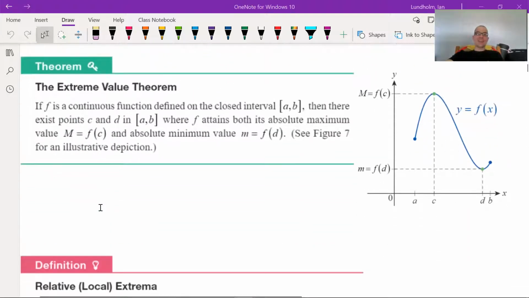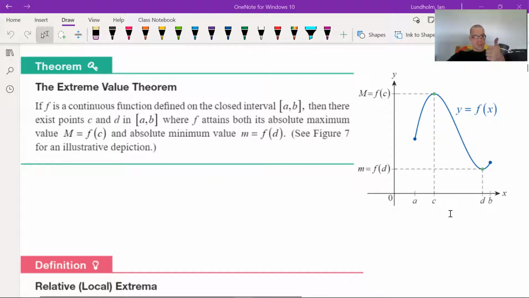All right, the extreme value theorem is defined for a continuous function on a closed interval [a, b]. When you have those two criteria given to you, you automatically know you're going to attain an absolute maximum and an absolute minimum. Sometimes it might be at the endpoint, so you've always got to check those.